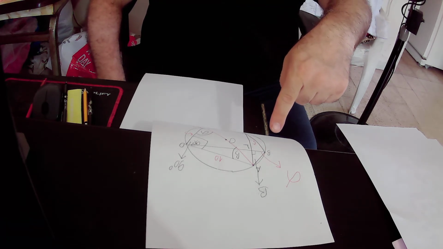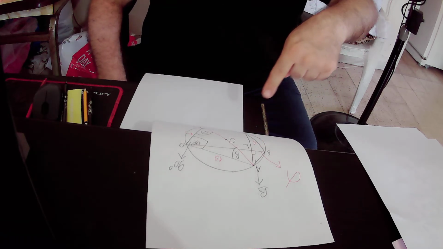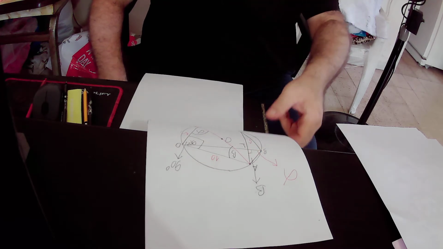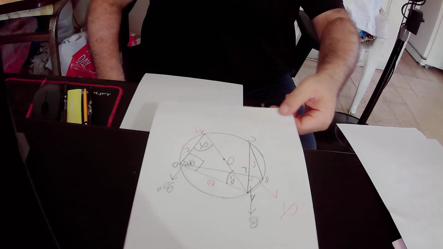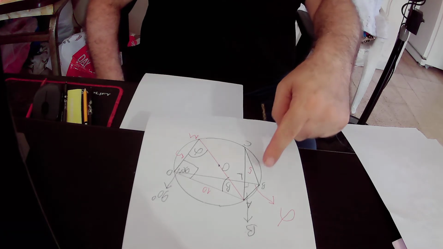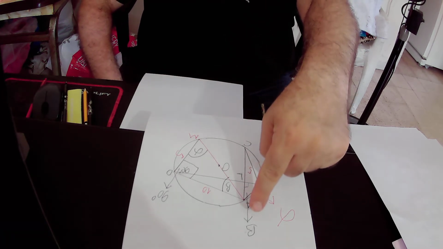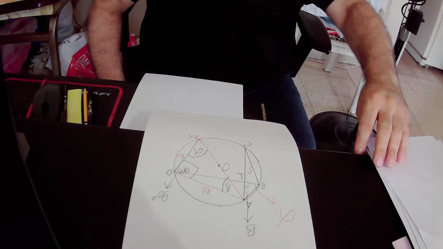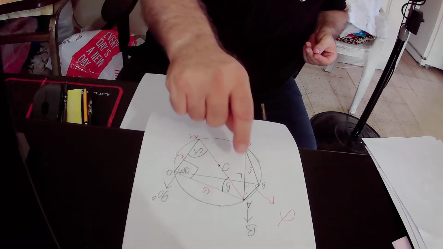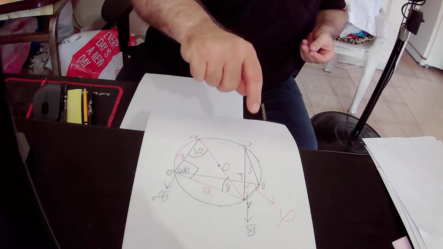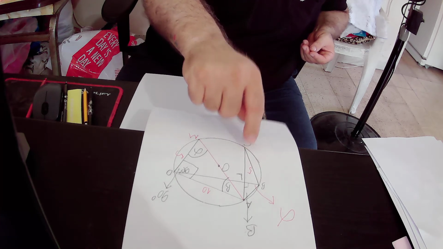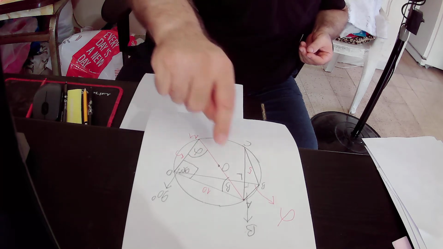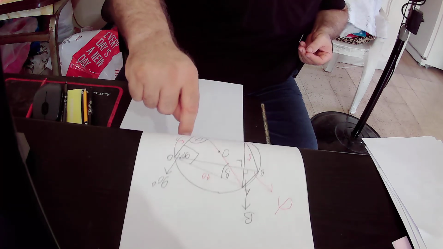It is also a peripheral angle, and angle BAC, that is angle beta, rests on chord BC. And angle MAD, that is also angle beta, rests on chord MD.